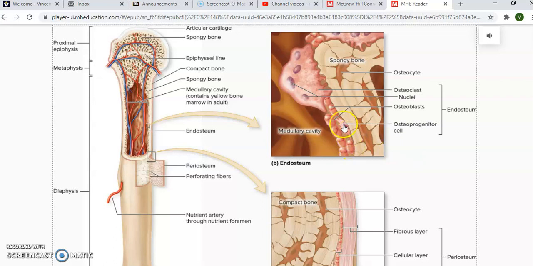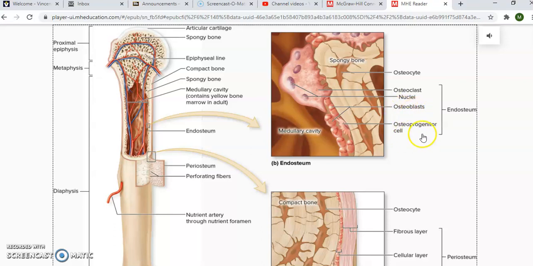So the osteoprogenitor cells' role is to undergo mitosis and produce two daughter cells. One of the daughter cells remains in the endosteum or the periosteum, and the other daughter cell is going to be transformed into an osteoblast. That's going to be our second type of bone cell that we're going to talk about.